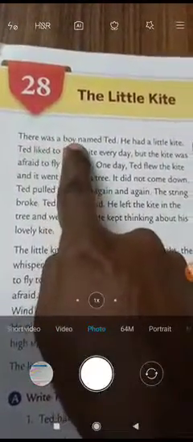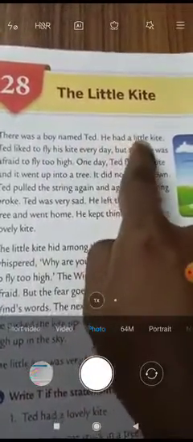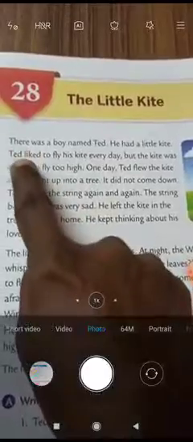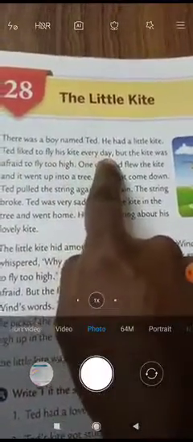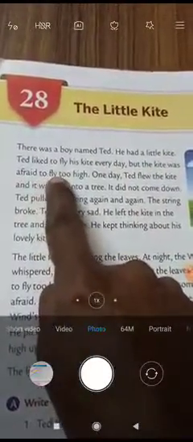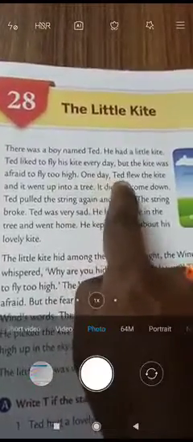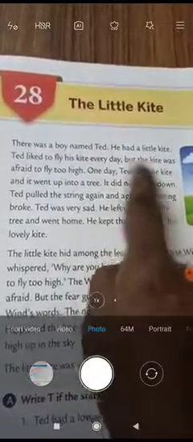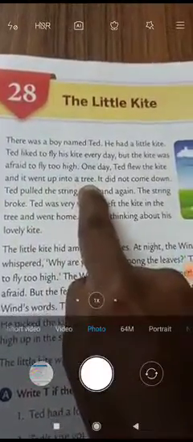There was a boy named Ted. He had a little kite. Ted liked to fly his kite every day, but the kite was afraid to fly too high. One day, Ted flew the kite and it went up into a tree.